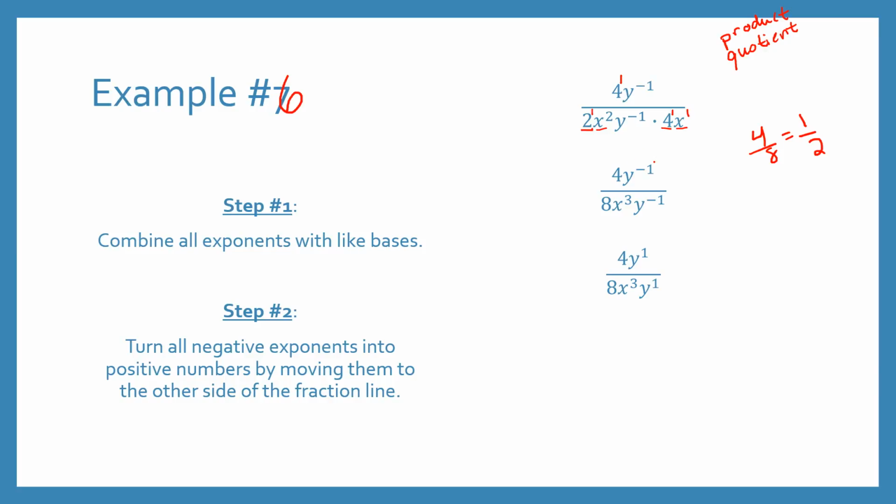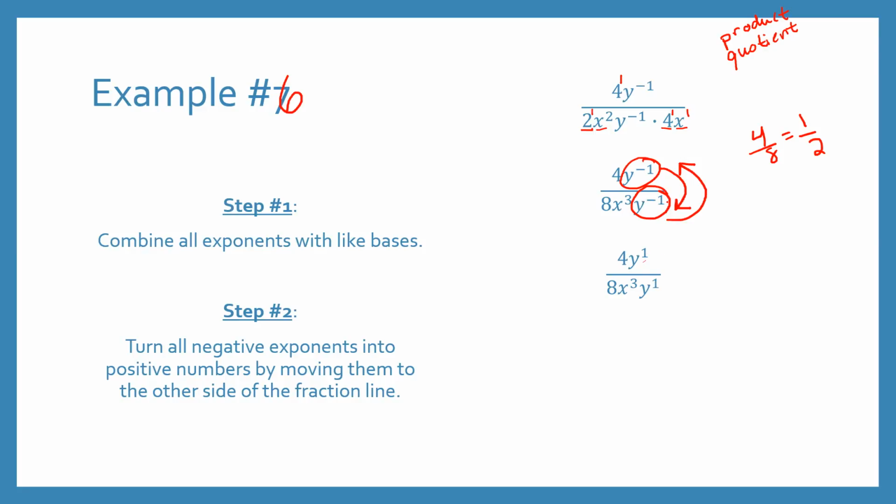But, oops, it looks like I went in a different order here. Sorry. So what I did right here in this step was, if I see that I've got negative exponents, so here is a negative exponent here, and here is a negative exponent there. They both need to move to the opposite place to become positive. So when y to the negative first moves up top, it becomes y to the first.